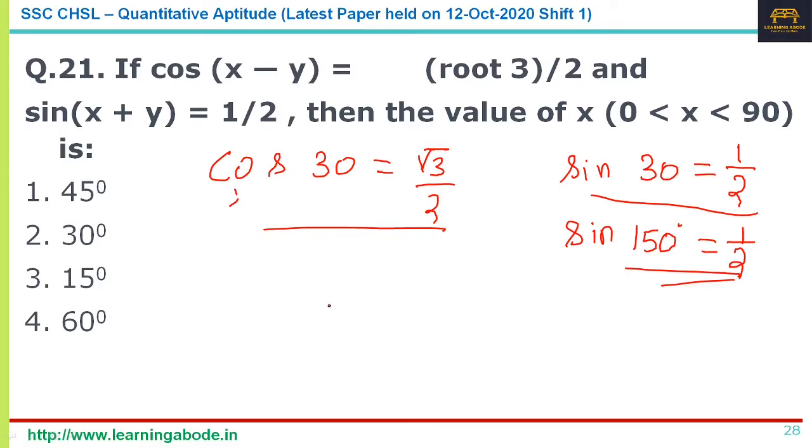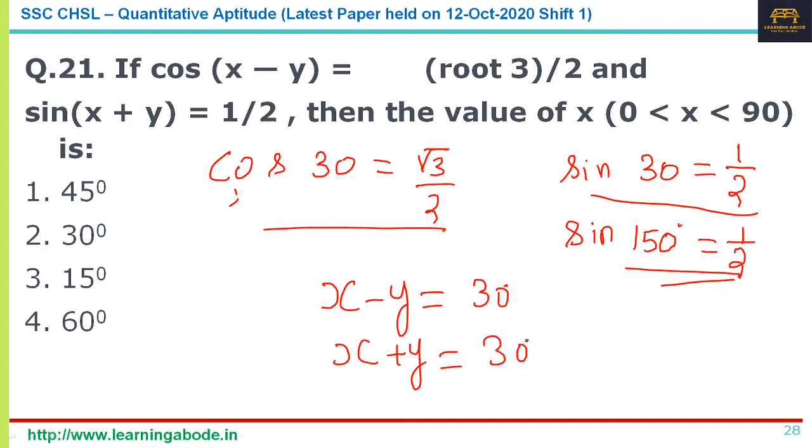So x minus y equals 30 degrees, and x plus y is also equal to 30 degrees, which means y is equal to 0, and x is equal to 30 degrees. So the answer for this question is option 2, 30 degrees.